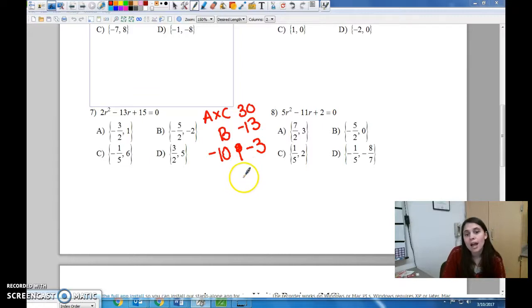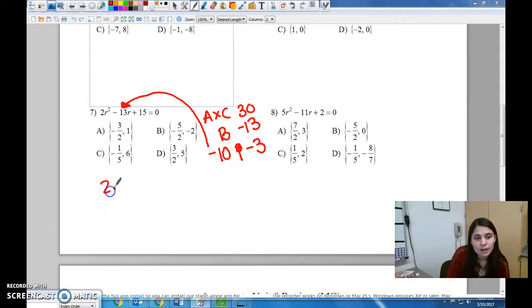So now what I'm going to do with these two numbers is use them to replace this middle term. So I have 2r squared, and instead of minus 13r, I have minus 10r minus 3r plus 15. And then I can factor by grouping.